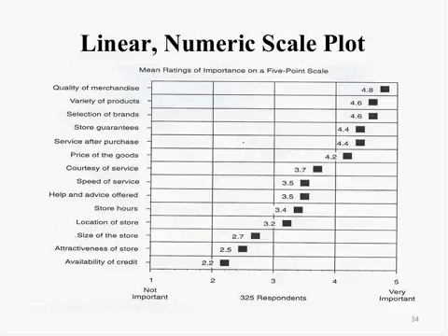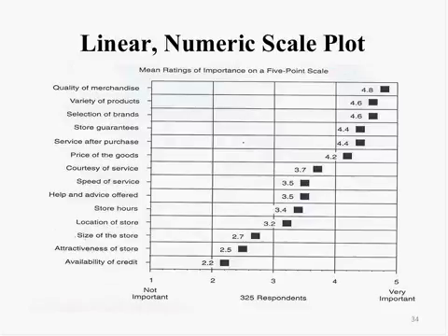This particular item says the mean ratings of importance. Well, mean, which one is it? Are you using the average, the median, or the mode? It doesn't say. But here we have a variety of different topics down the left-hand side. At the bottom, it says 325 responses, spreading it from 1, not important, all the way up to 5, very important. And you can see that this is going from the lowest value on the left to the highest value on the right.